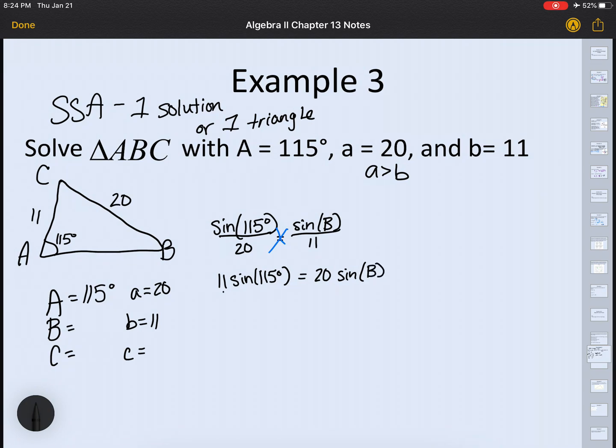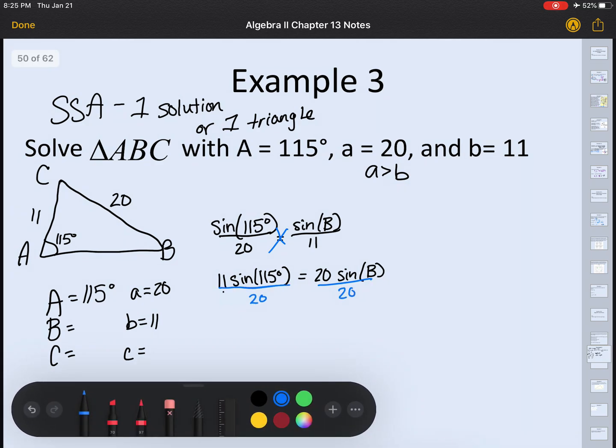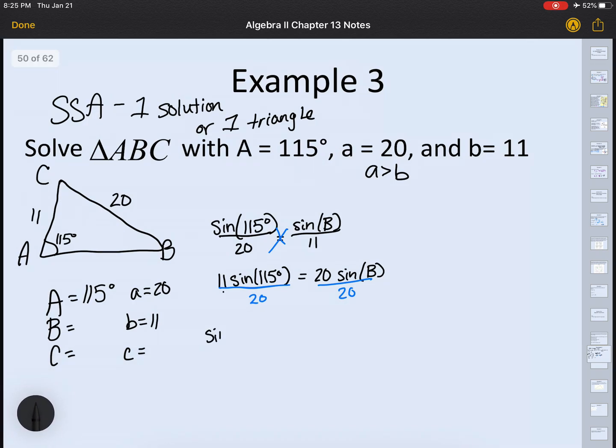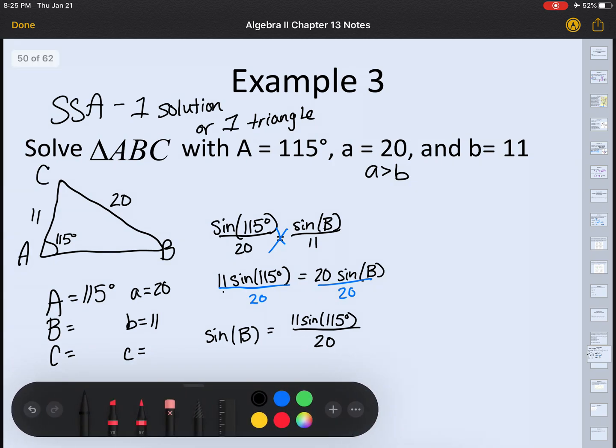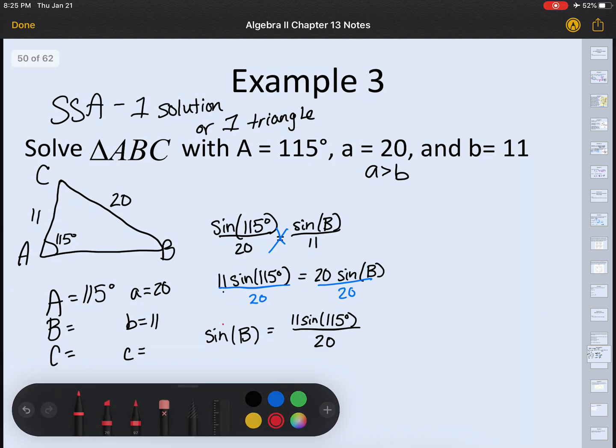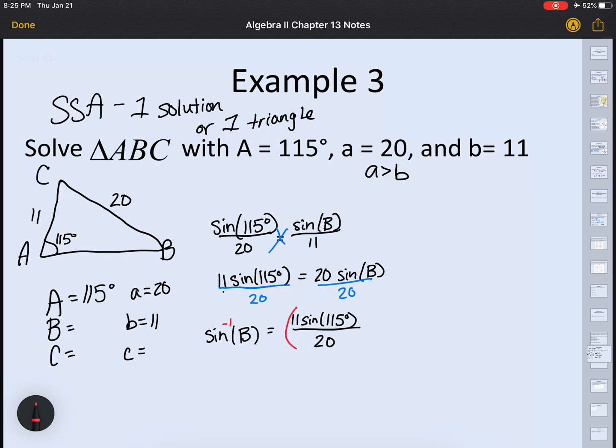Then we're going to divide on both sides by 20. So I got the sine of B is equal to 11 sine 115 degrees all over 20. But now I need to take the inverse sine on both sides. So sine inverse on both sides.